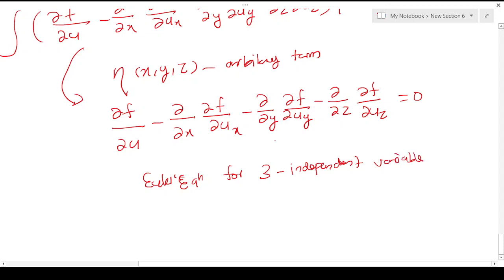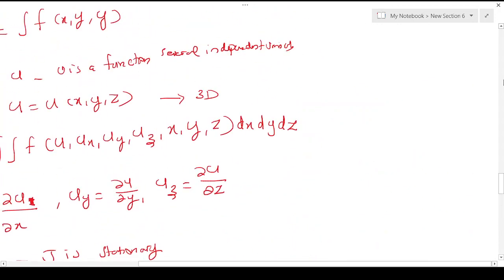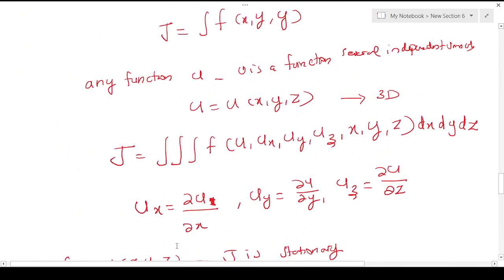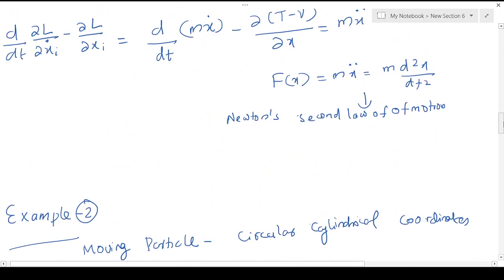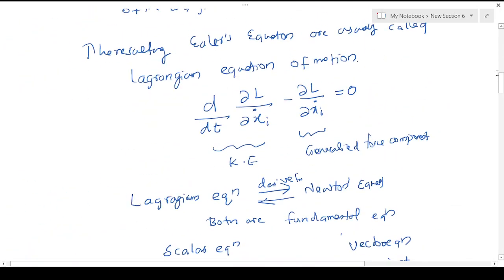This is how you solve for the stationary value in the calculus of variations when you have a functional to evaluate like this. Earlier, by considering the Lagrangian situation, we also saw this particular equation, which we call the Euler-Lagrange equation.